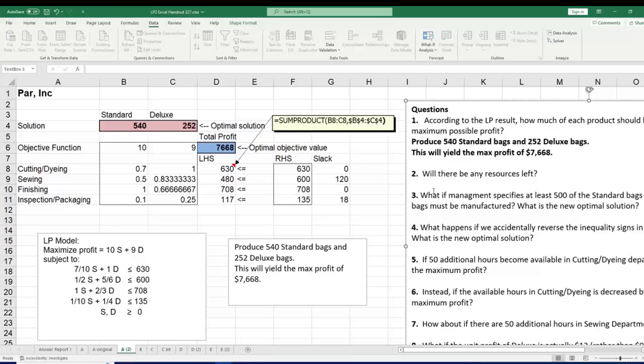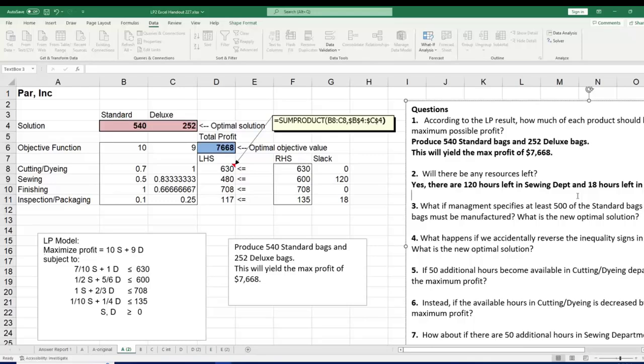So here we will say, yes, there are 120 hours left in the sewing department, and 18 hours left in the inspection and packaging department.